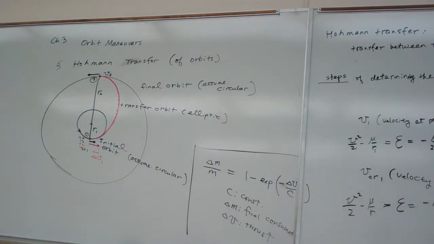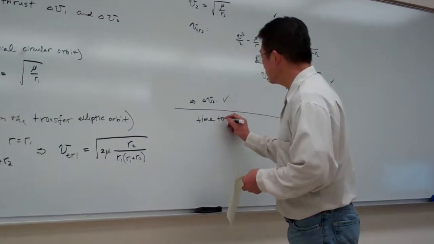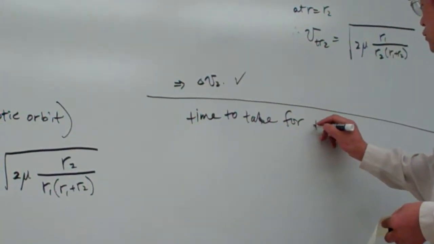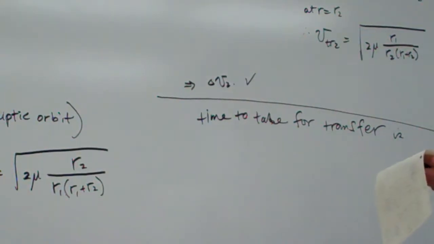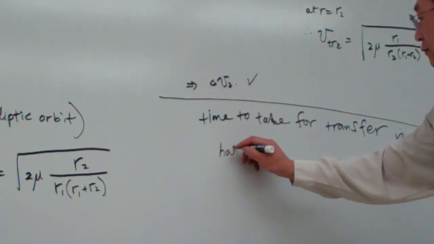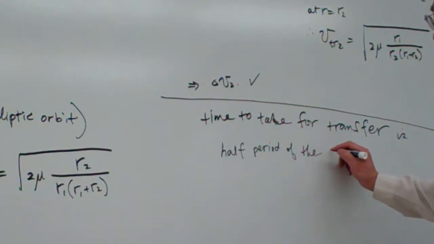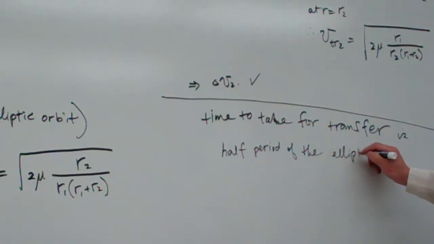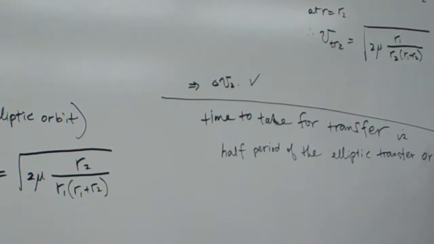So the time to take for the transfer is half the period of the elliptic transfer orbit.